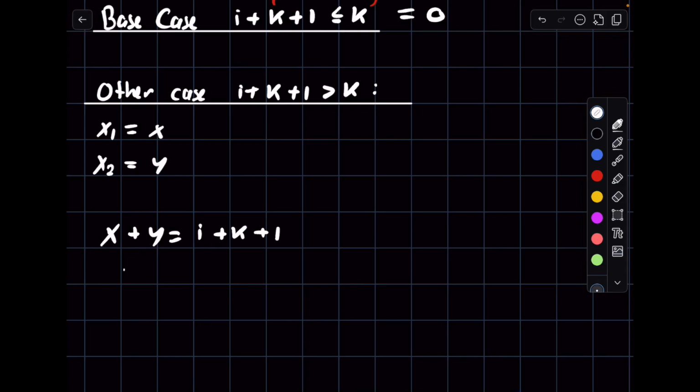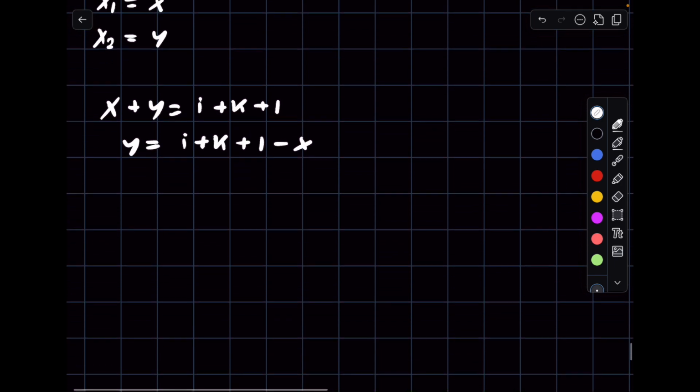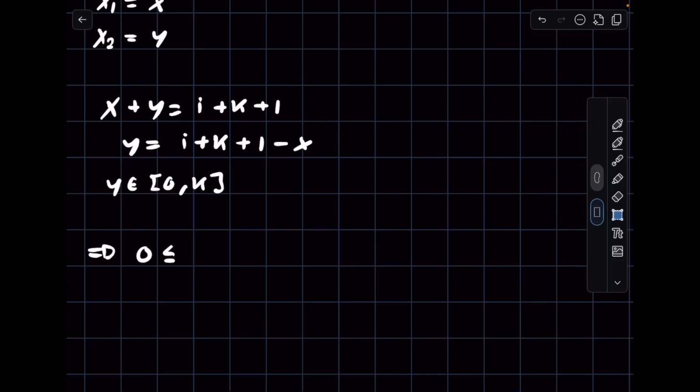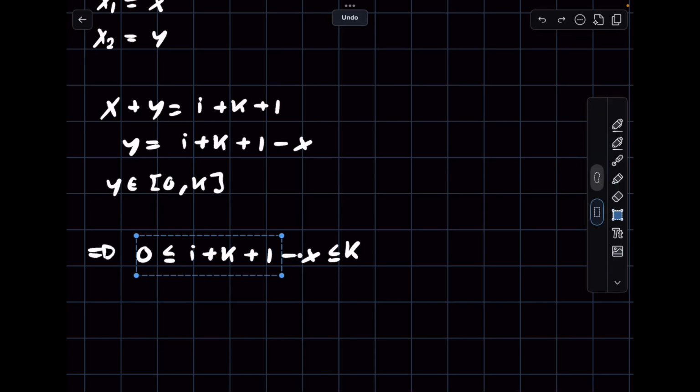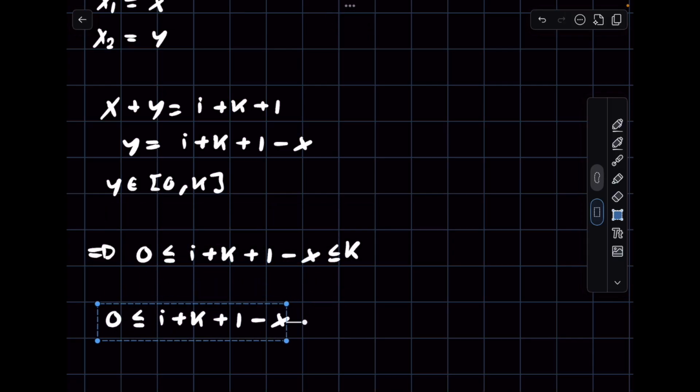We solve for y, so y is going to be equal to the same thing minus x. We know that y is between 0 and k, so we take 0 and k, and then we do the left side first. Oops, I forgot to add the x here.